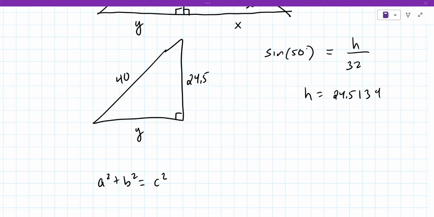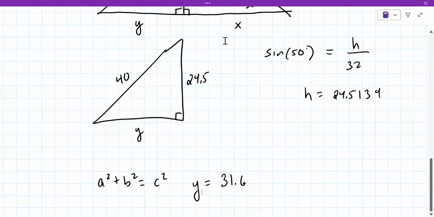I got 31.6. Okay, that sounds reasonable. So you said 31.6, that's the y value.